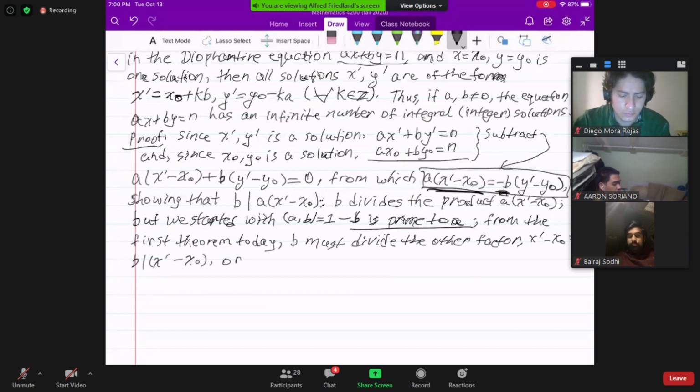Or again, what does it mean to say that b divides x prime minus x sub 0?